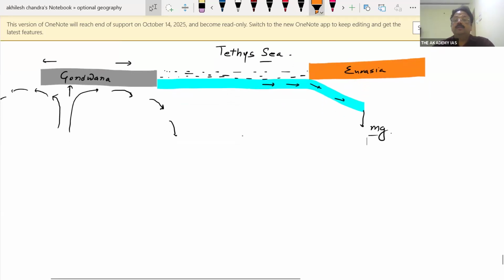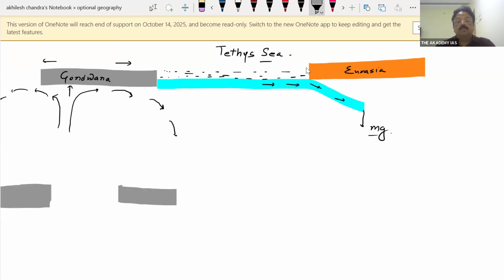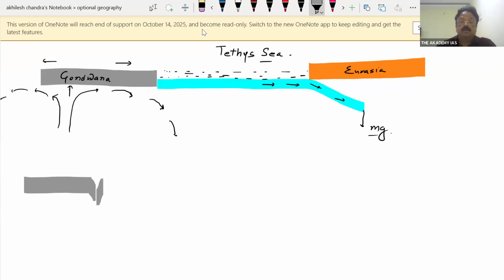Let me show you that. So I'm just showing you Africa. This is Africa. Here it is India. North of India, let me draw one more figure. This is Africa, and here it is India. So this split was there.